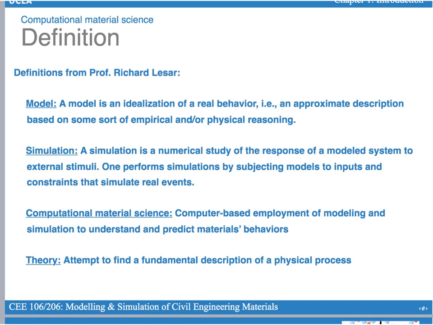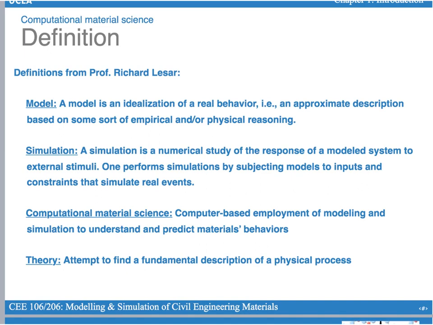So computational material science can be defined as the ensemble of all the computer-based techniques of modeling and simulation that can be used to understand and predict material behavior. So it's a little bit more general than simulation itself. It's really everything that is computer-based that can be used to assess the behavior of materials.